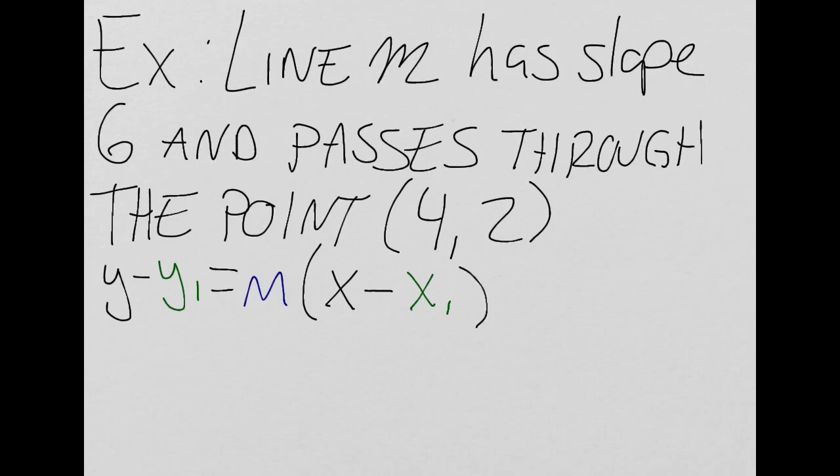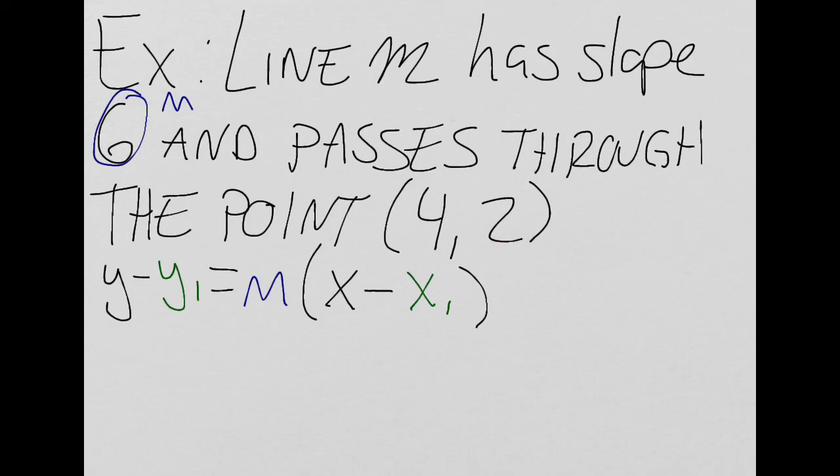So I'm going to go ahead and go through and label my information. So it tells me that I have a slope of 6. So 6 is my m here. And then it passes through the point 4, 2. So x1, y1.